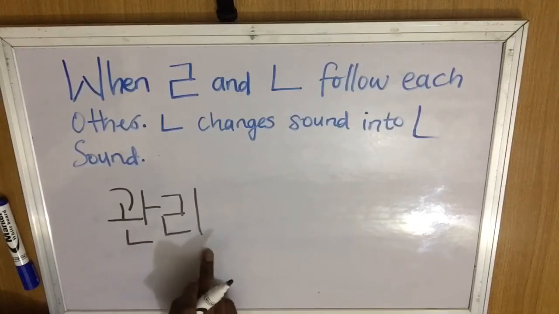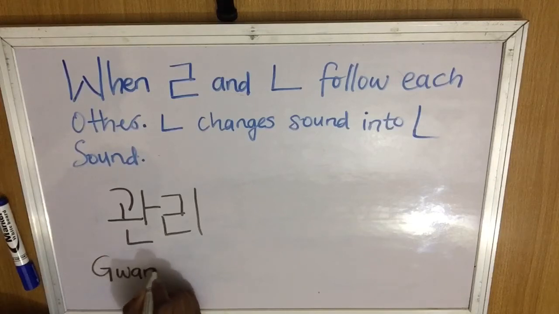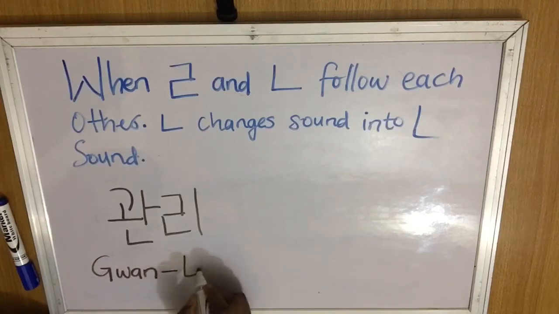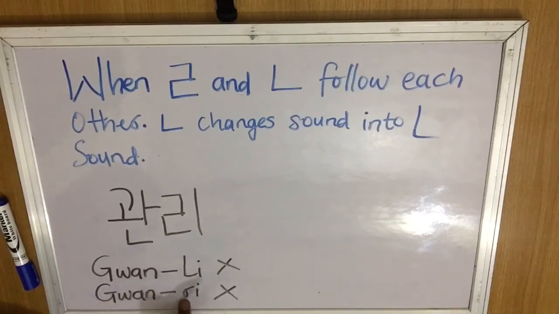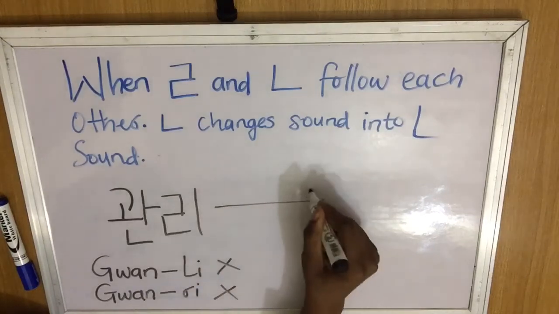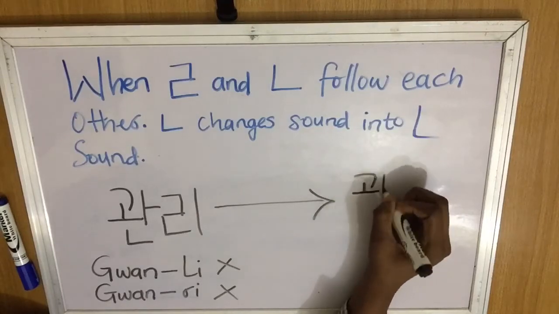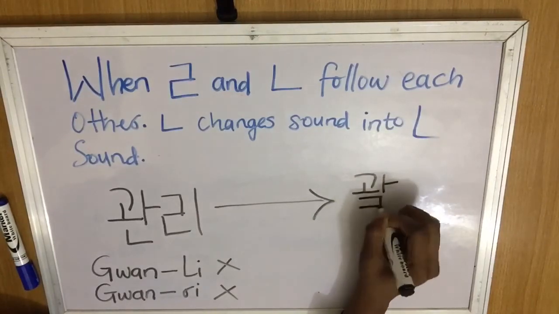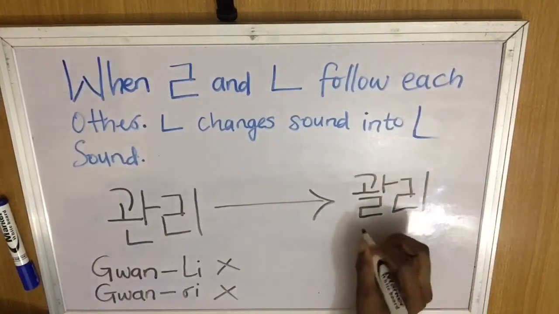Some people would pronounce this as Guan Li or Guan Ri. This is wrong. Guan Li and Guan Ri is wrong. You're supposed to pronounce this as Guai, Guai.